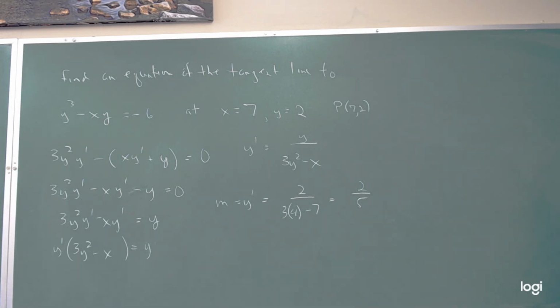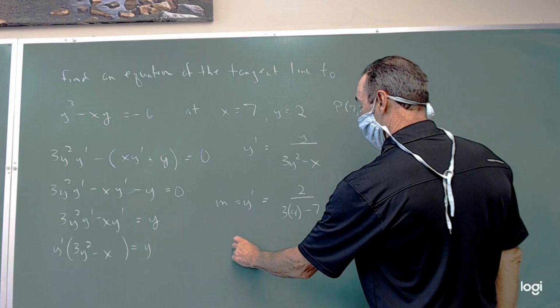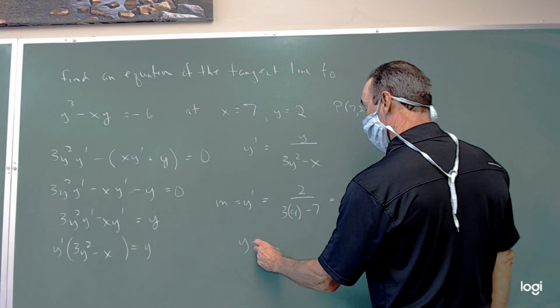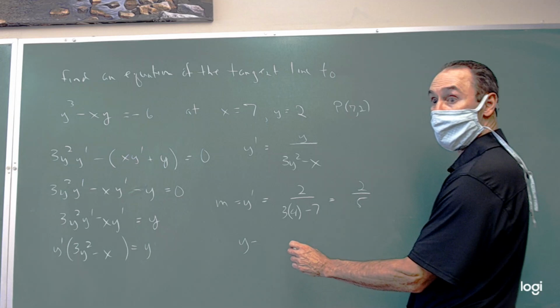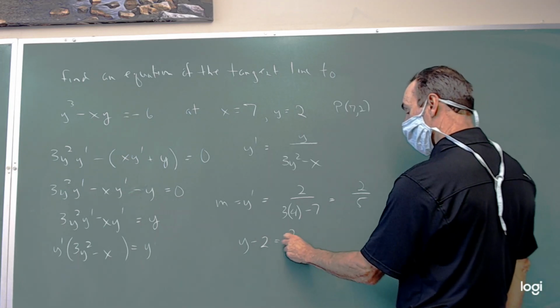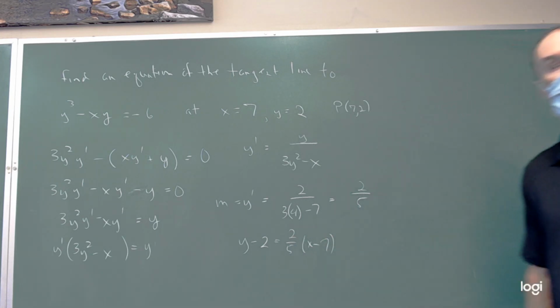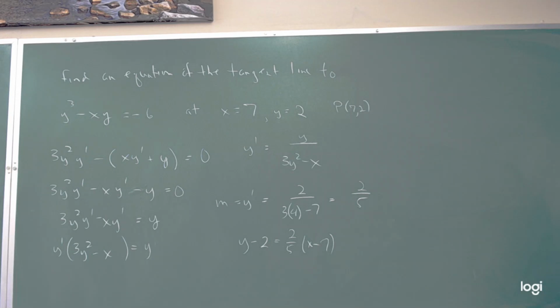And our point was (7, 2). So our tangent line is going to be y minus the y coordinate, 2, equals 2/5 times x minus 7. Nice. Good to go?